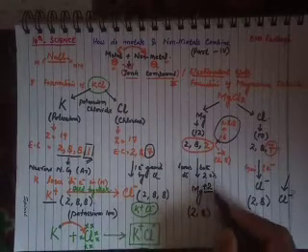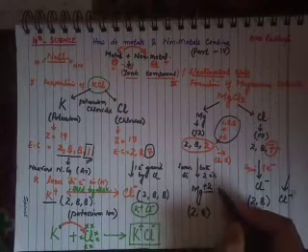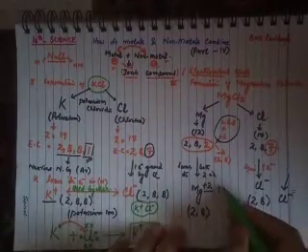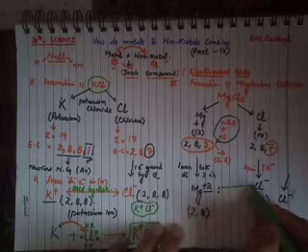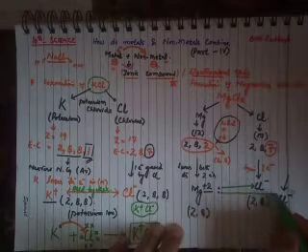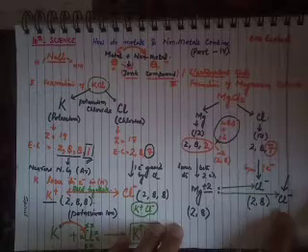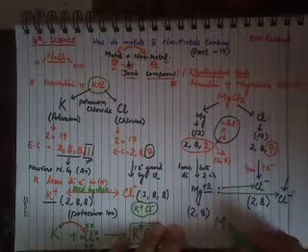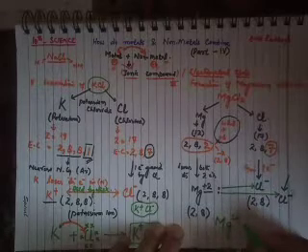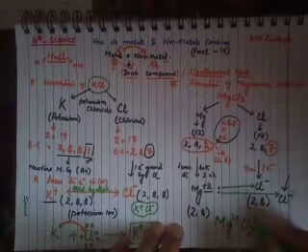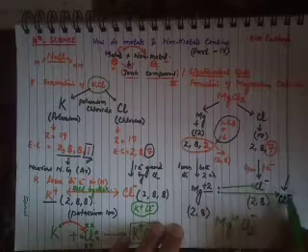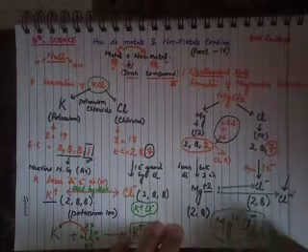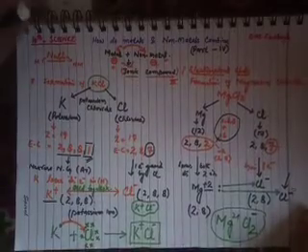These 2 electrons supplied by the magnesium are gained by 2 chlorine atoms, because a single chlorine atom needs only 1 electron. That is why we have the formula Mg2+ Cl2 negative. So we have 2 chlorine atoms and 1 magnesium atom. This is how magnesium chloride formation takes place.